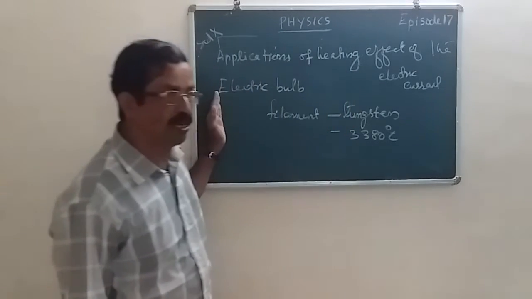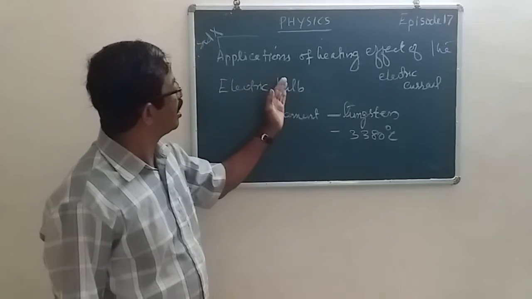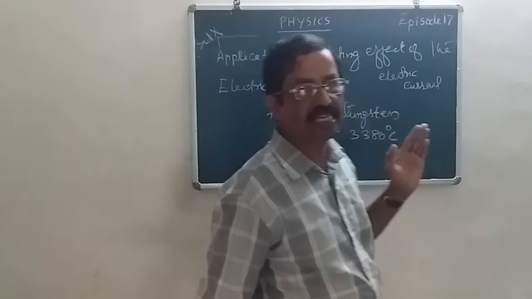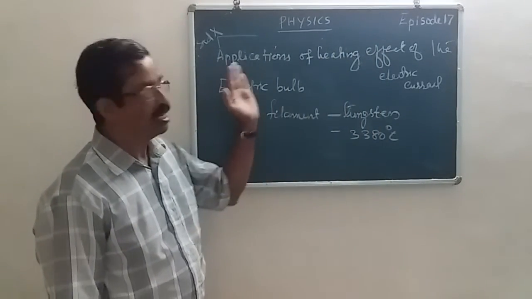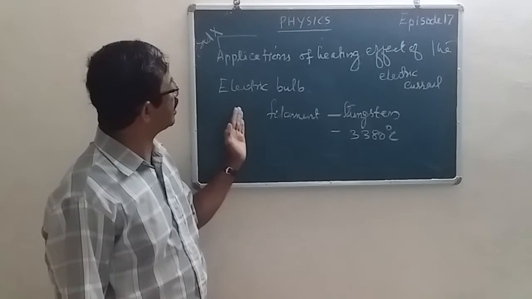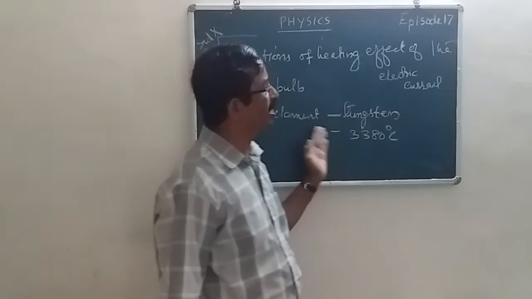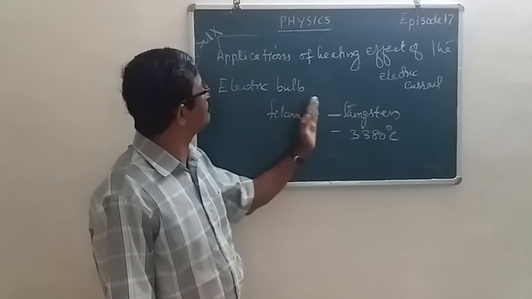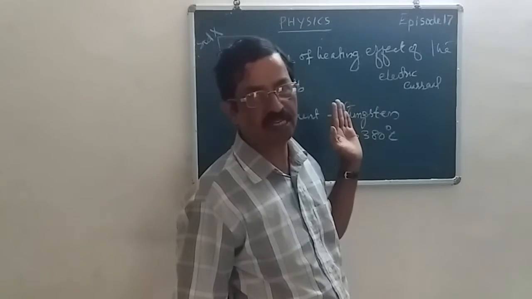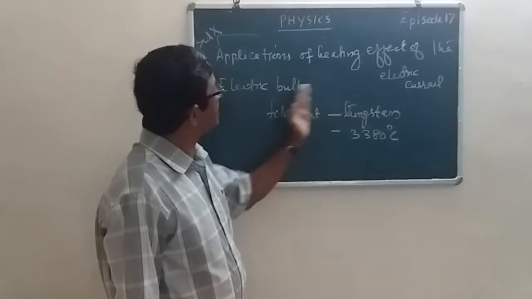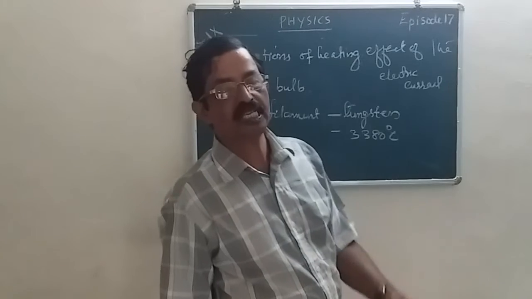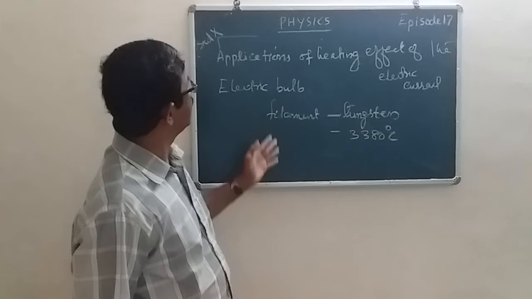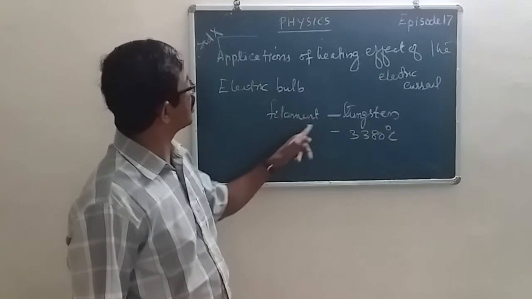And in this electric bulb we fill gases such as nitrogen or argon to extend the lifespan of the filament. Argon is an inert gas. Nitrogen also behaves like an inert gas at low temperature, and these gases reduce oxidation and also evaporation in the bulb, especially of the filament.